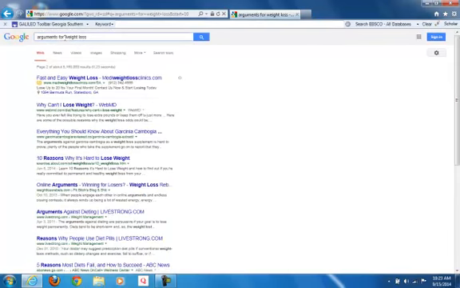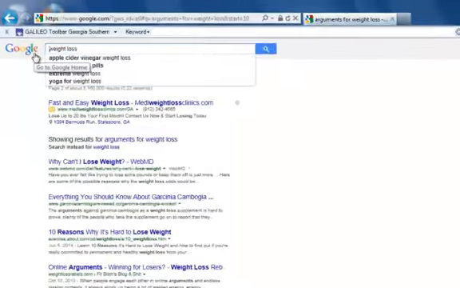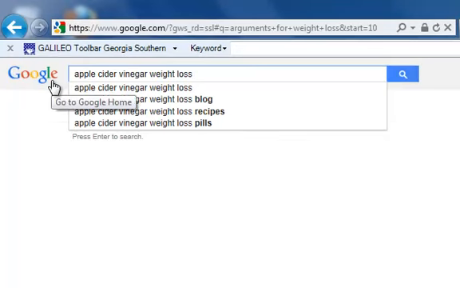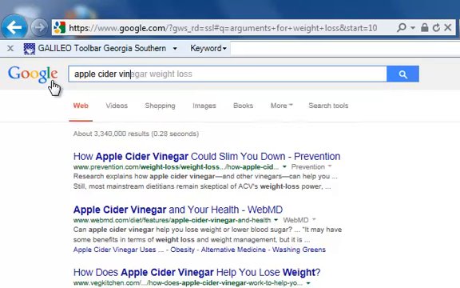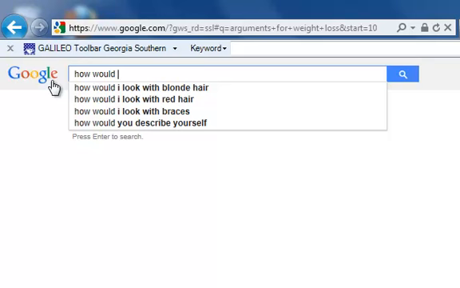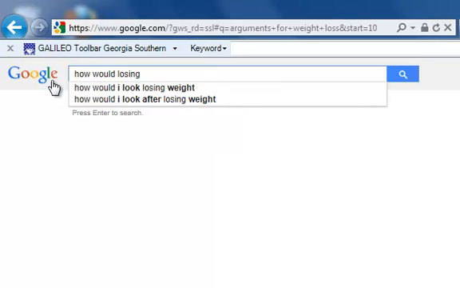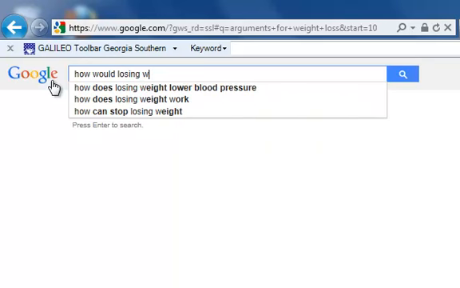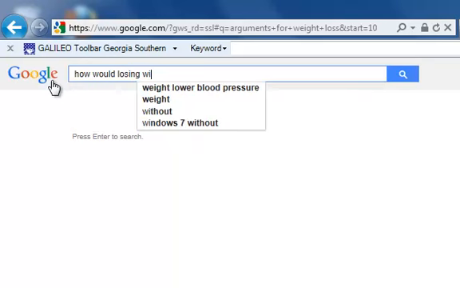Maybe I'll look at health. How would weight loss affect your health? Put it in: how would losing weight affect your health?